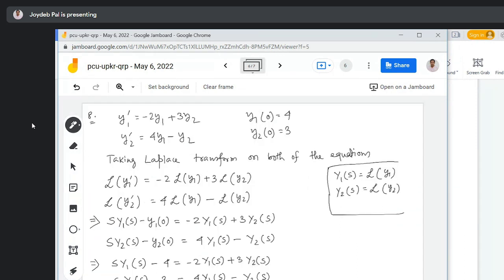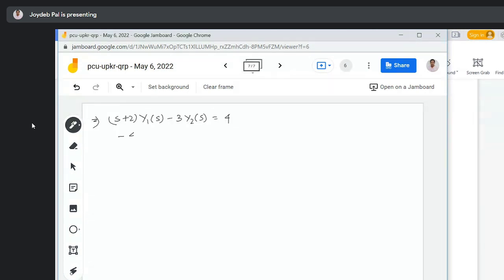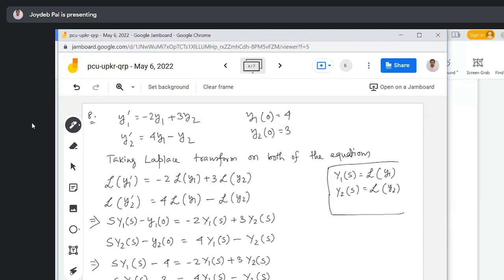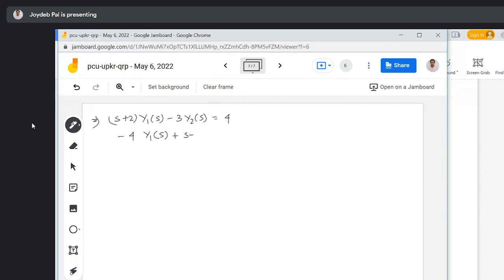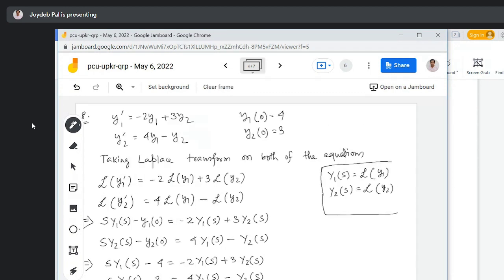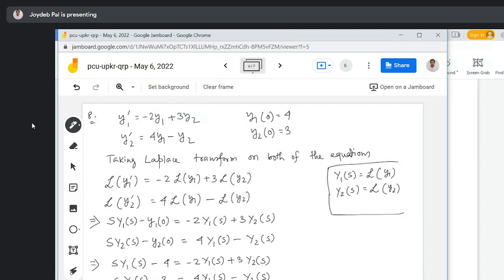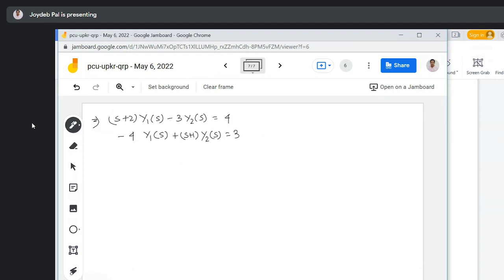Okay. And second, minus 4 Y1(s) plus (s plus 1) Y2(s) equals 3. Do you get it? This is the form I have written. Yes.